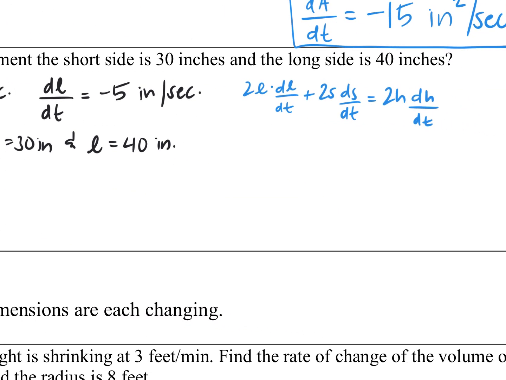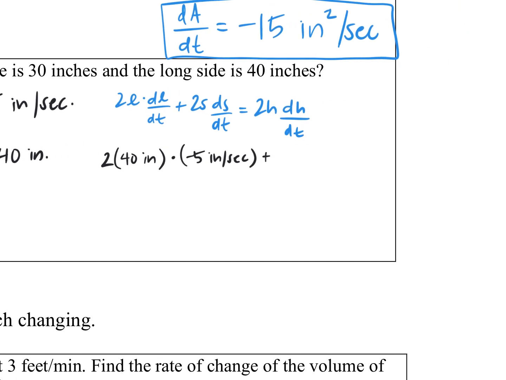So I'm going to plug all the information that I know into this formula here. I've got 2 times 40 inches times negative 5 inches per second, plus 2 times S, which is 30 inches, times ds dt, which is 3 inches per second. And all of that equals 2 times my hypotenuse.